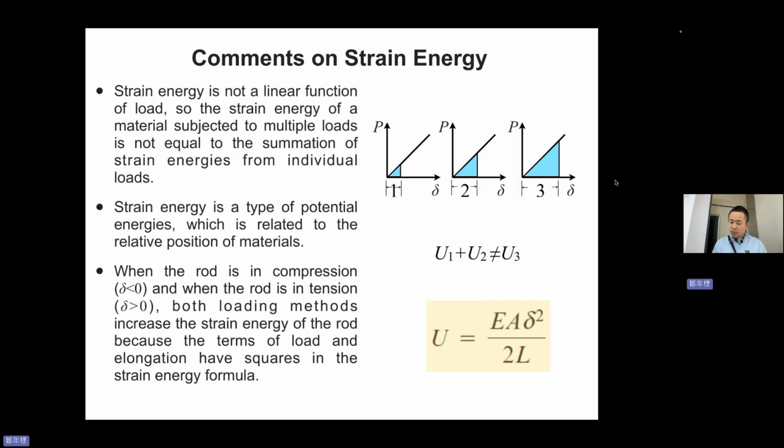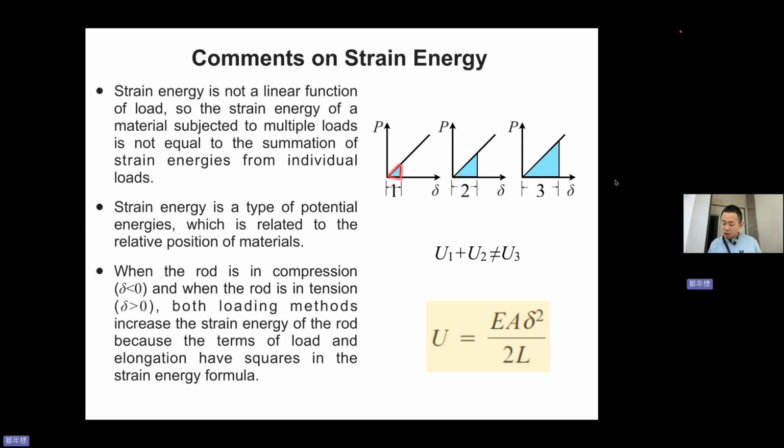Then I want to make some comments on strain energy. The strain energy is not a linear function, which means that you cannot add them up straightforwardly. Okay, what does that mean? You see, if you have the same material, you elongate one unit of deformation, and next you elongate 2 units, double the deformation.